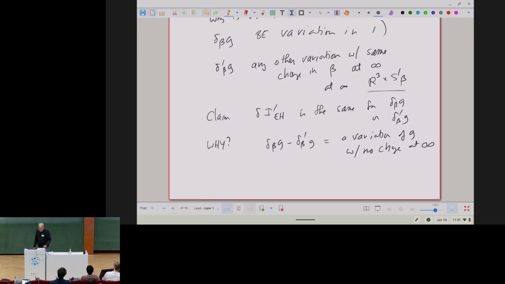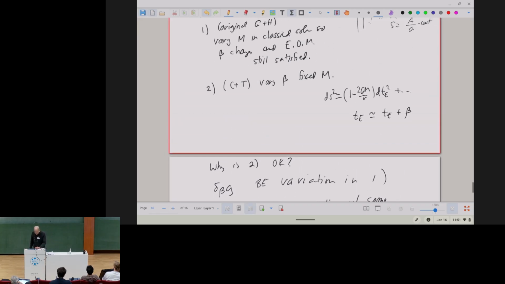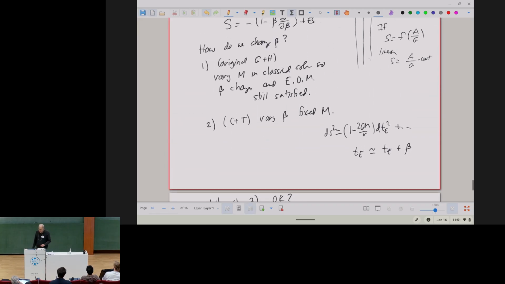So therefore, instead of the Gibbons and Hawking procedure of changing beta while changing the metric in such a way that the classical equations of motion are still satisfied, we can possibly do something simpler by changing beta and doing whatever we want in the interior.